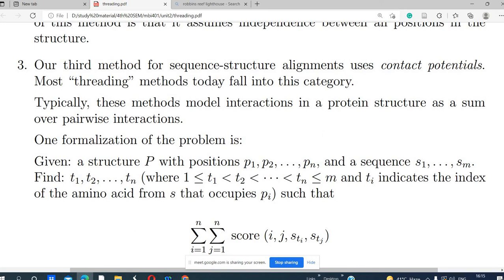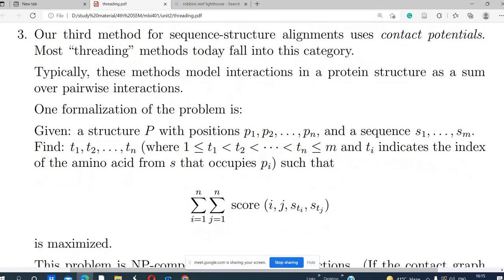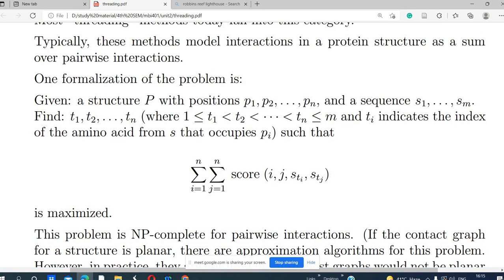Our third method for sequence structure alignment uses the contact potential method. Most threading methods today fall into this category. Contact potential method means it uses the surface residues. In this method, interaction in the protein structure is taken as a sum over pairwise interactions.